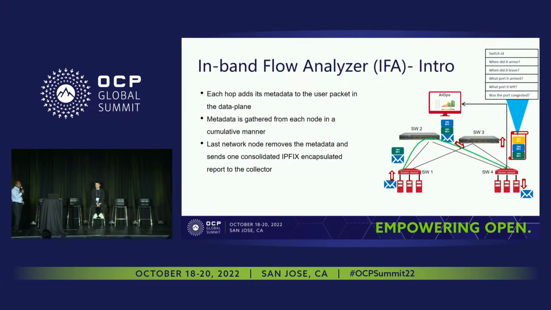And of course, there are other interesting details such as the queue ID, whether the queue was congested or not, and all this metadata. Somebody was asking earlier, how big is the metadata? It takes 32 bytes. Per hop metadata is 32 bytes and is added. So if you have 5 hops, then 5 times 32 bytes is the metadata that goes to the collector.